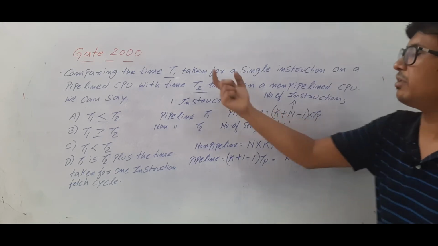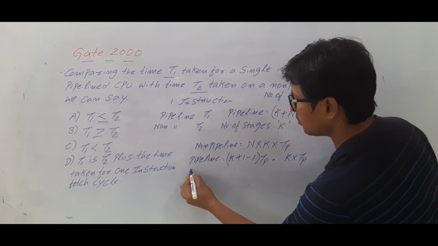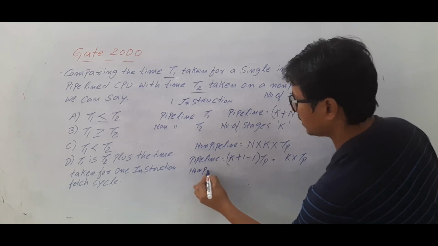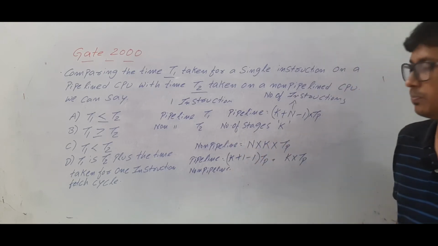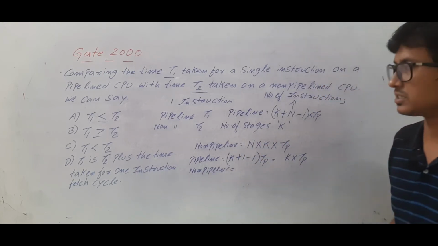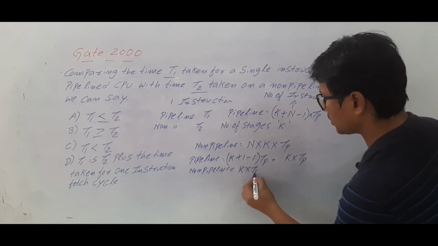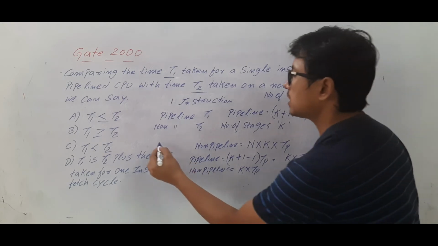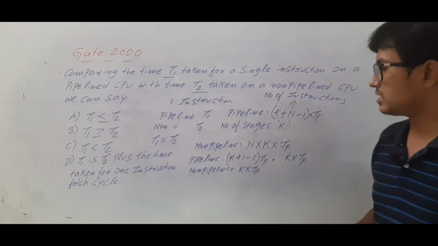Even the Tp value they did not mention. Now the same thing in non-pipeline: n into k into Tp. If I substitute n as 1, because there is only one instruction, I get k into Tp. So I can say that T1 is equal to T2 for executing a single instruction.